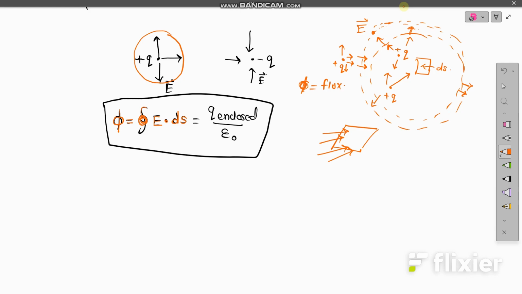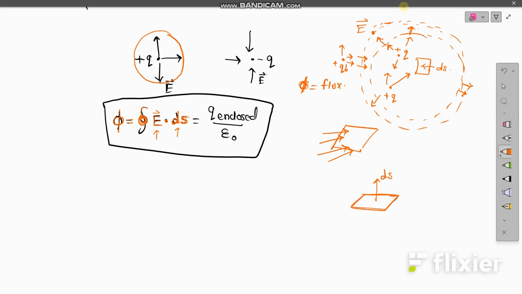So the closed integral of E dot ds. Now here there are two vectors given. One is the electric field vector and the other is the surface area vector. Basically, the ds vector is nothing but a normal to the surface. Normal in the sense that if this is the area that we are considering, the ds vector will be normal to this particular area.